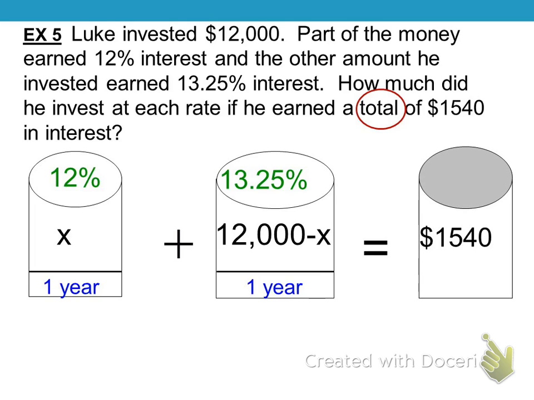What do I have to do with all the percents, though? Make them decimals. What's 12% as a decimal? 0.12. What is 13.25? 0.1325.